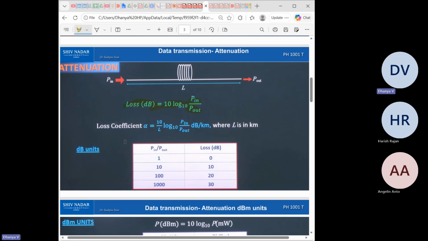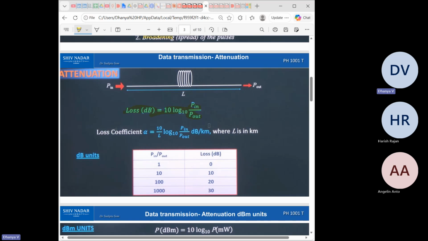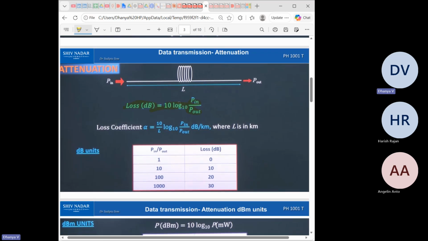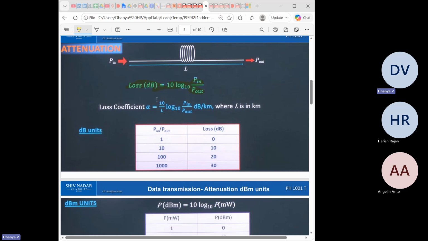Then your loss coefficient, that is your alpha, is equal to 10 by L log10 P in by P out, dB per kilometer. In this chapter, you just need to remember all of these formulas. If not, at least the logic of the formula so that you can derive it on your own. But you won't have enough time for it, so it's better you remember all of this.